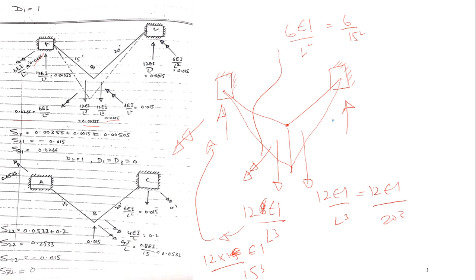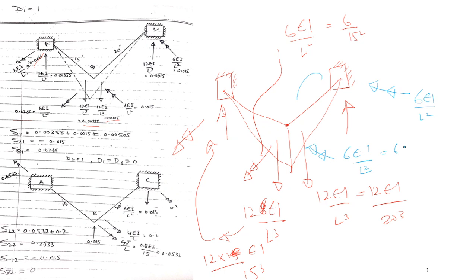Look at the other span. This is forming an anti-clockwise moment. This is in z, this is in y, and this is x. There would be an anti-clockwise moment, so I have to apply a clockwise resistive moment. So the direction would be the same. 6 EI by L square.